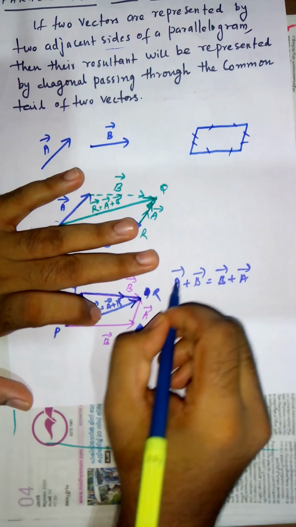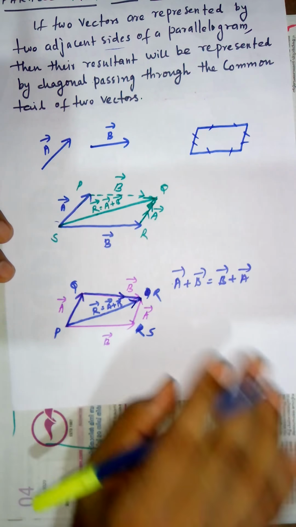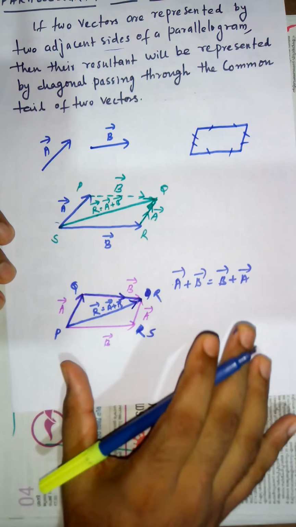Reversing the order doesn't change the final answer, okay. So this is what the parallelogram law of vectors is.